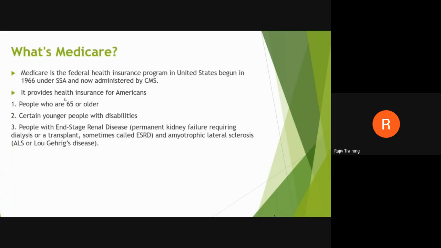For these there is specific Medicare provided, but otherwise the general conditions are people who are 65 or older, or certain younger people with disabilities. For them, this federal health insurance program called Medicare is provided by the United States.